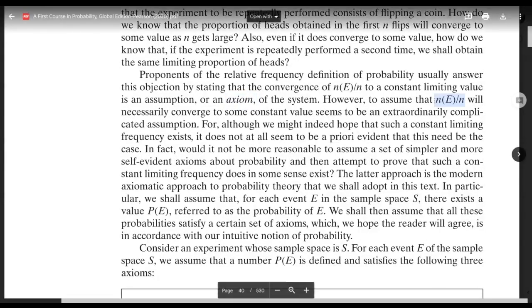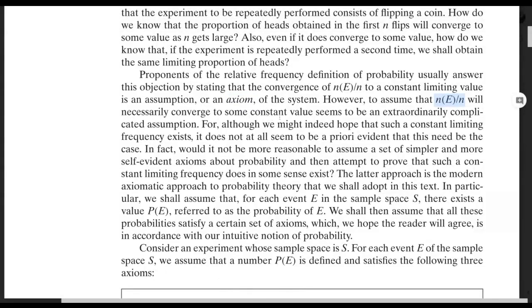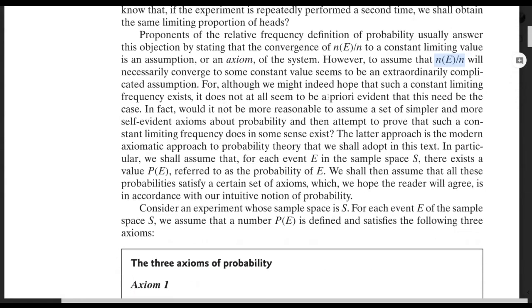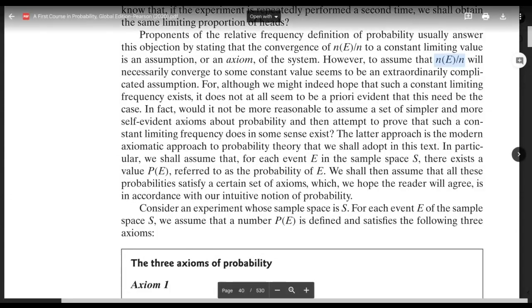However, to assume that n(E)/n will necessarily converge to some constant value seems to be an extraordinarily complicated assumption. Although we might indeed hope that such a constant limiting frequency exists, it does not seem to be a priori evident that this need be the case.